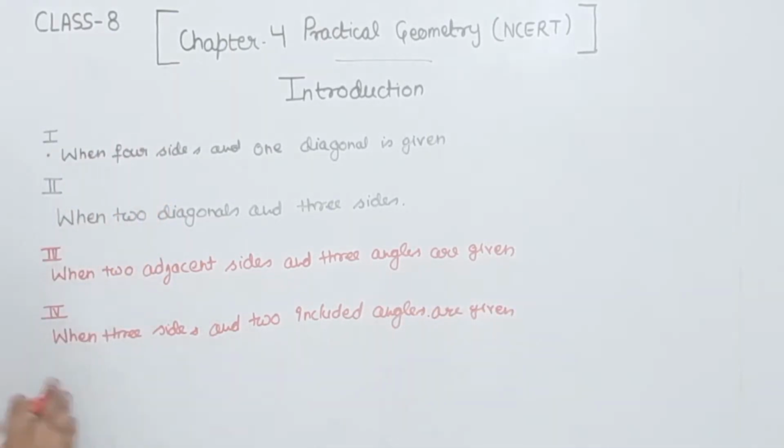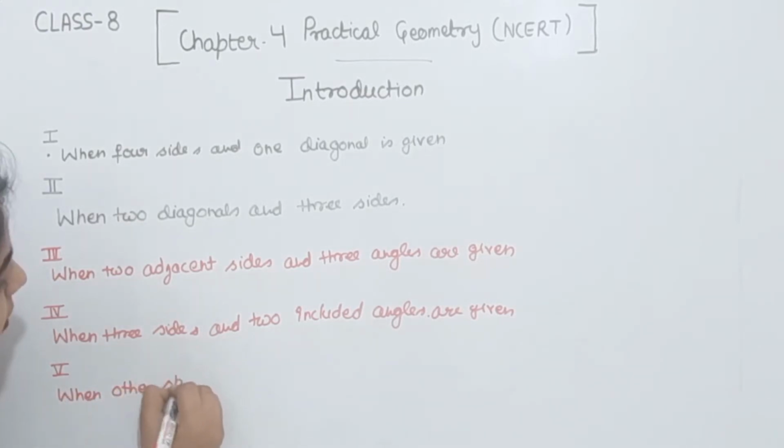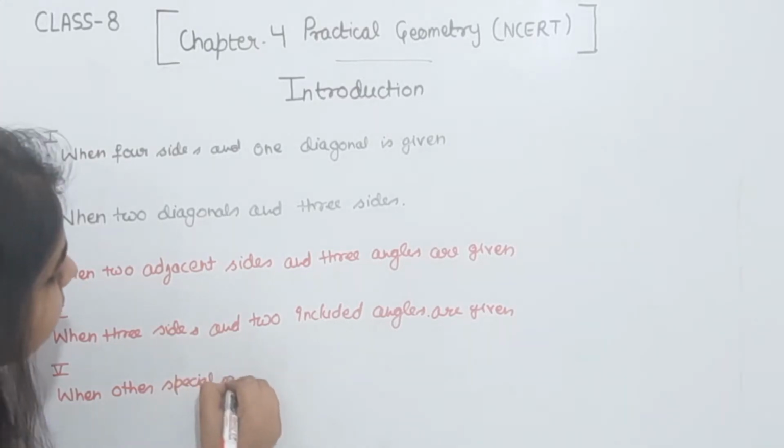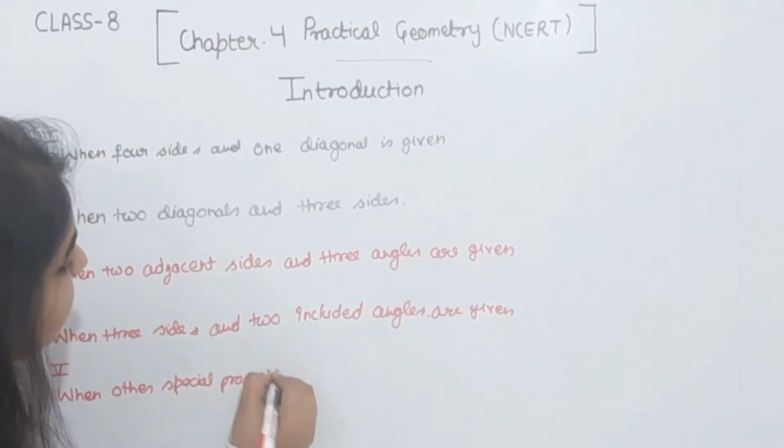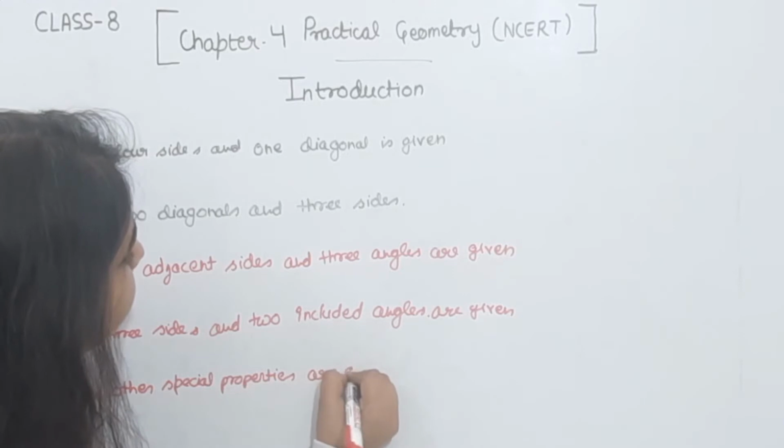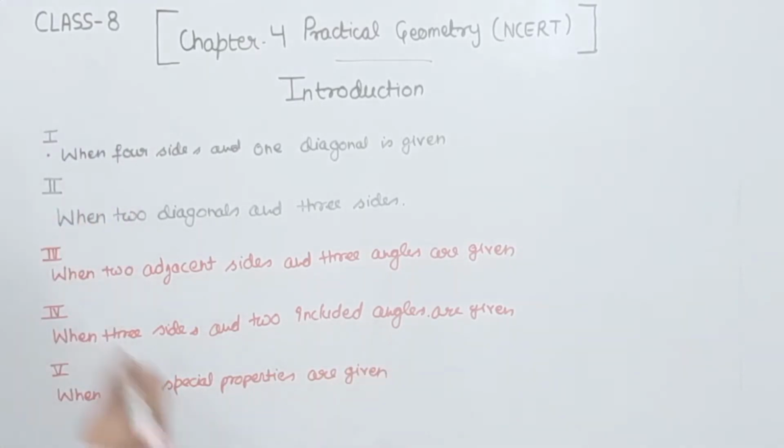This is the part 4, or you can say case 4 we can have. Now comes the fifth one, when other special properties are given. So we'll have these 5 cases. With the help of them, we are going to do the construction.